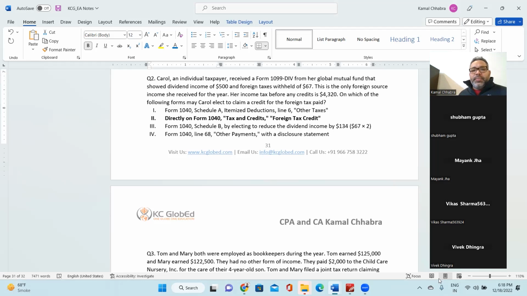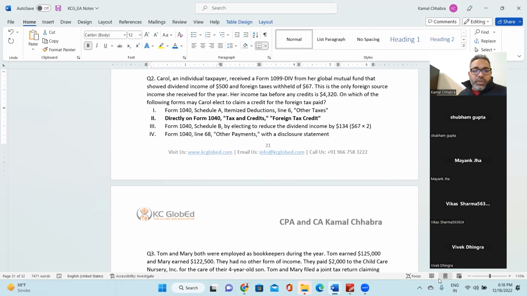Her income tax before any credit is $4,320. On which of the following forms may Carlo elect to claim the credit of foreign tax paid? So which form should she file to claim the foreign tax credit?